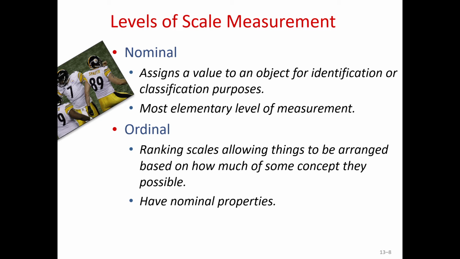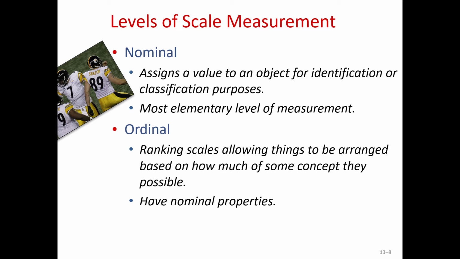So we're going to discuss four types of scale measurements: nominal, ordinal, interval, and ratio levels. Each type offers the researchers progressively more power in how they analyze and test the validity of a specific scale.